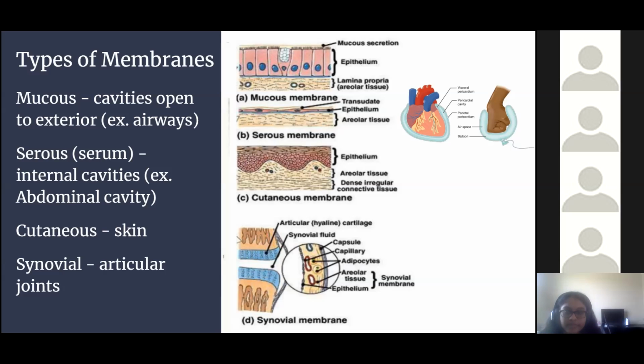Like someone was mentioning how the integumentary system keeps organs in place. So there are membranes like the one that surrounds the heart, and it makes sure that it doesn't move around too much and potentially have breakages in the blood vessels.